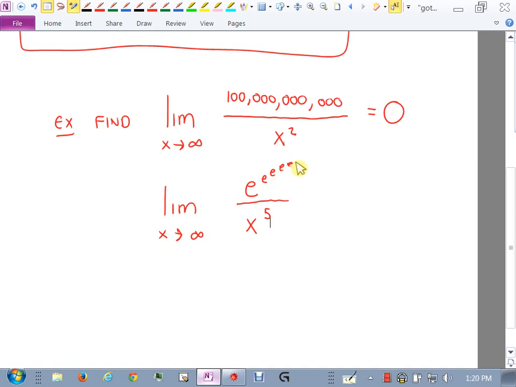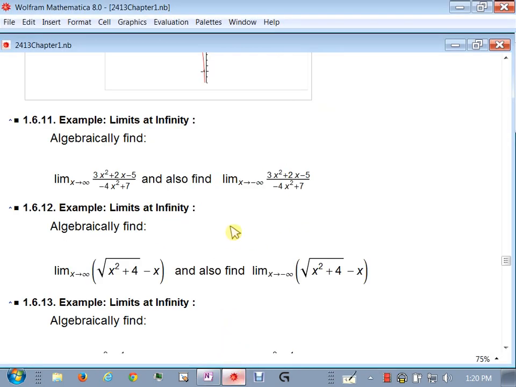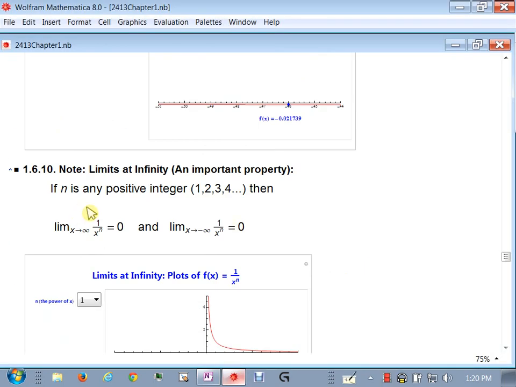All those are just constants. You could have said 2 to the 2 to the 2 to the 2 to the 2. That's just a number. Over x to the fifth, if x is getting bigger, then this should be 0, because again, I have a fixed number on top divided by a number that's getting larger on the bottom. Does that help you see what this is saying now?